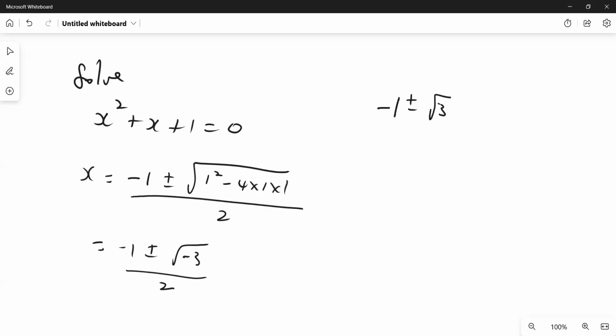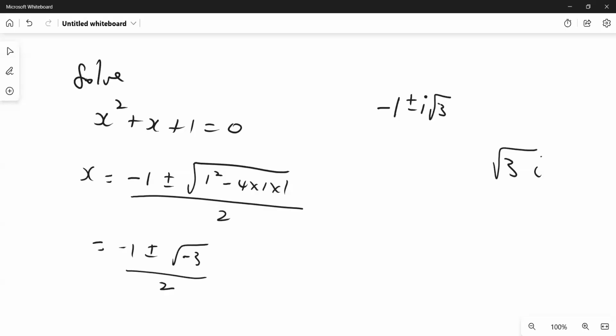Well, I'll put the i in front, right? Just because sometimes if you put the i at the back, some people will do this, and you're not sure where the i is, if it's under the radical sign or not.